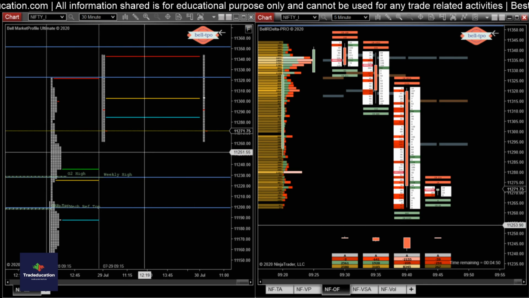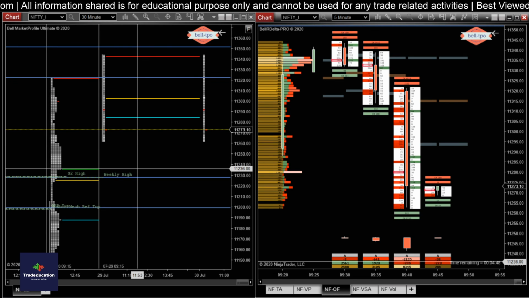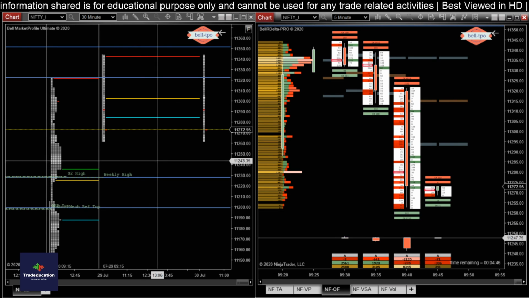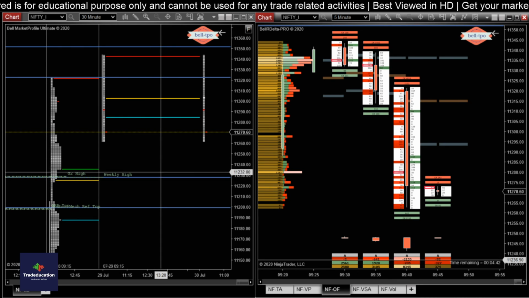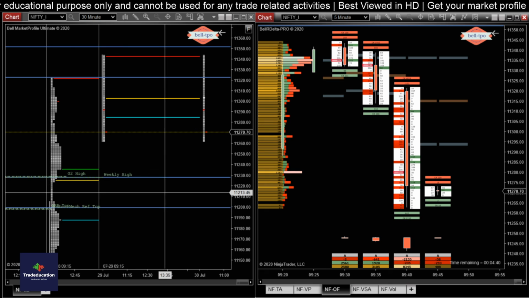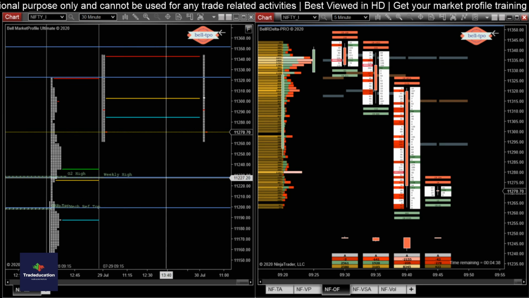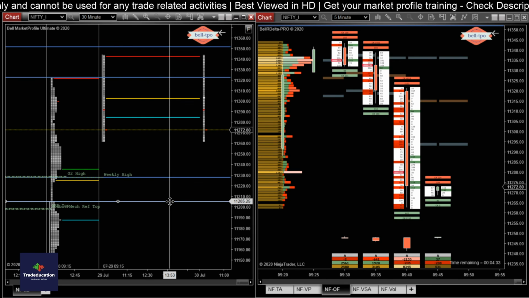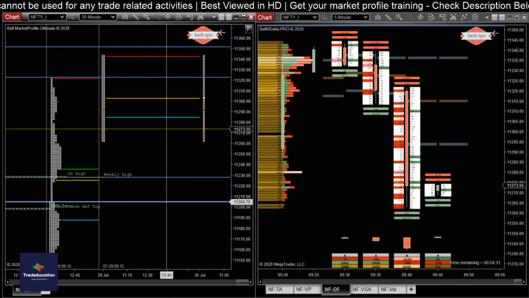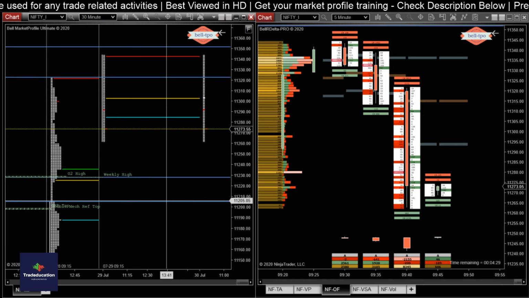Okay, so the next destination reaches to the POC and the half back levels. So these two levels will be tracked today, and this is the single print zone from here to here. So this single print zone, this is where a sort of reversal can be expected or anticipated.